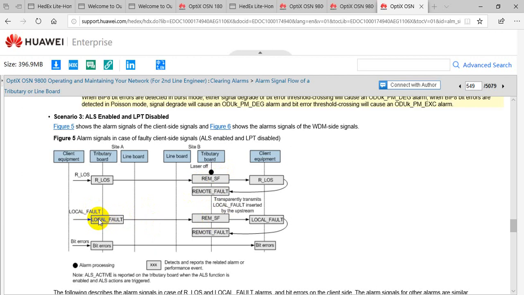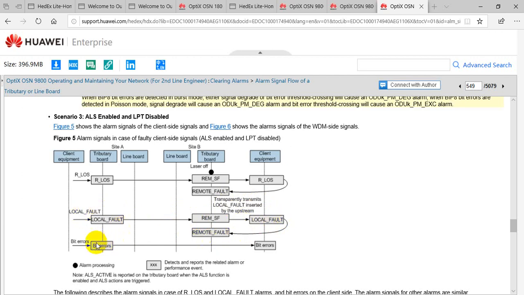So in case of local fault there is a slight difference. There is no problem as such between this client and this tributary board. So this will be similar to the case without enabling anything. So remote SF, and then the transparently transmitted local fault inserted by upstream will be passed on to the client, and the result of local fault is remote fault.